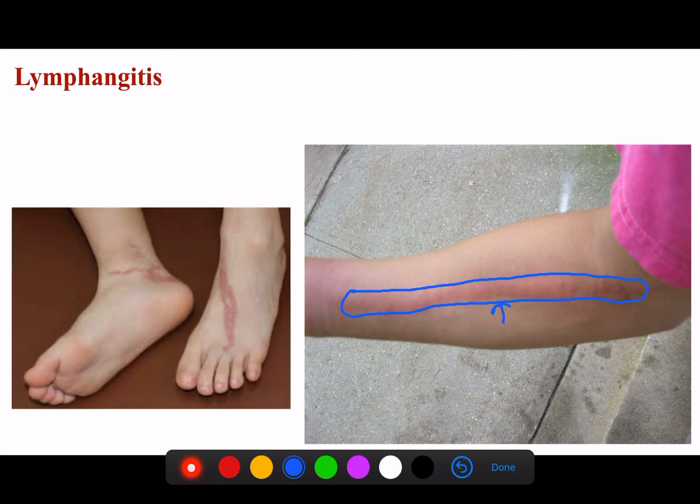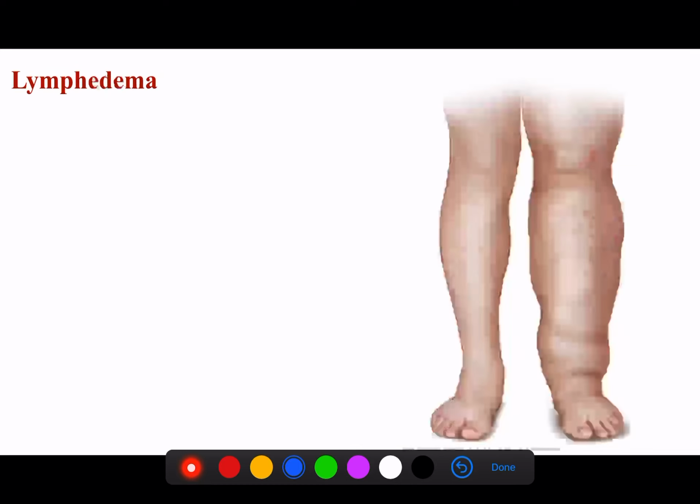This site suffers from lymphangitis, lymphatic vessel inflammation. But lymph node inflammation is called lymphadenitis. This lymphadenitis may be from an insect bite. Lymphadenitis of a lymph node is like tonsillitis.